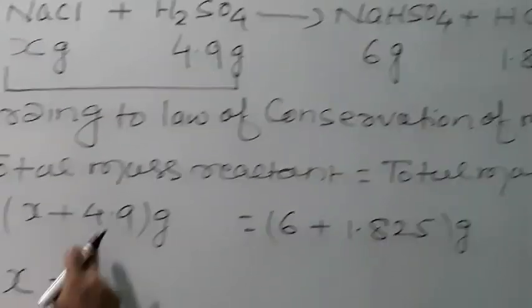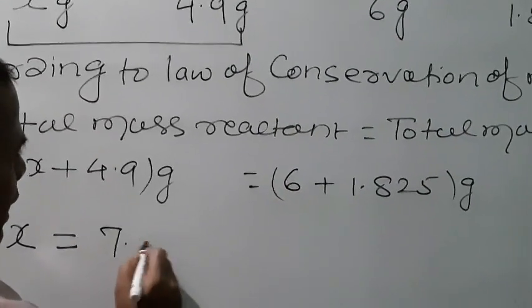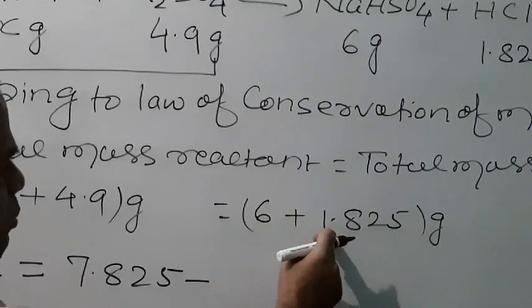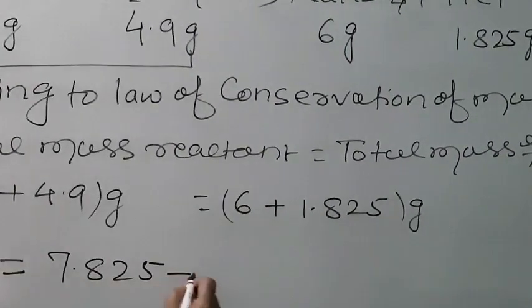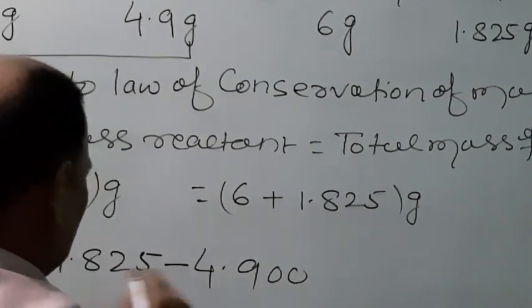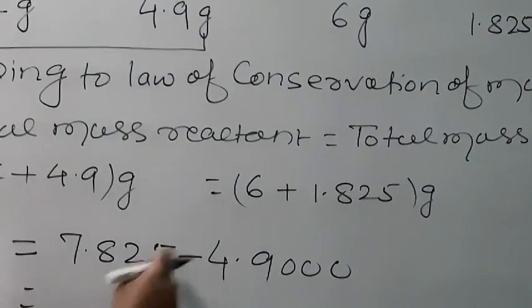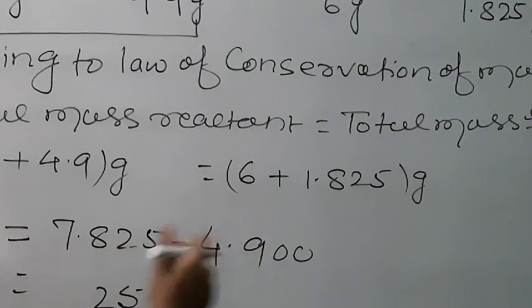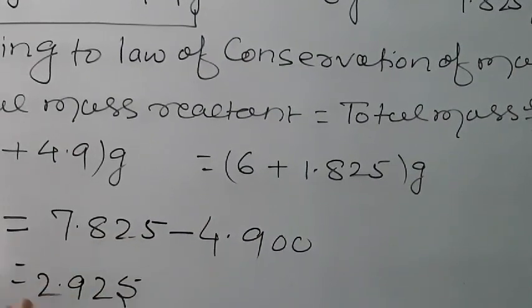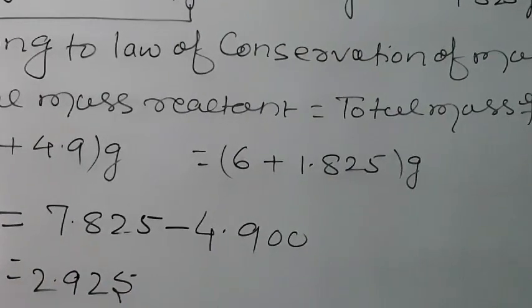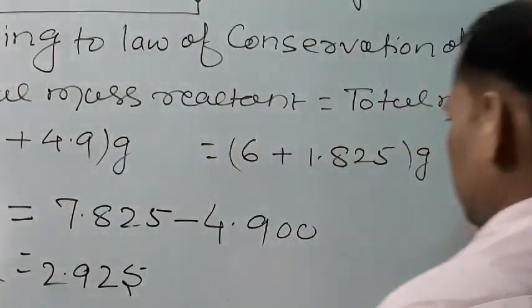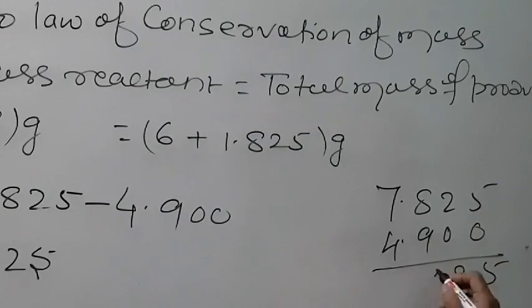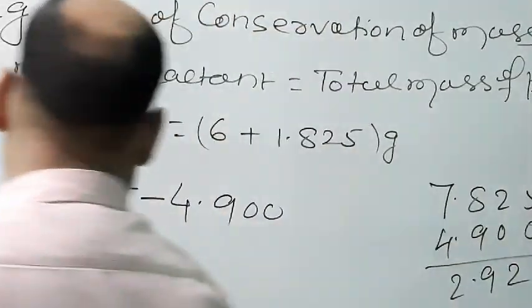Now let us solve it. x equals 7.825 minus 4.9. Adding 6 plus 1.825 gives 7.825, and sending 4.9 to the other side, 7.825 minus 4.900 gives 2.925 gram.